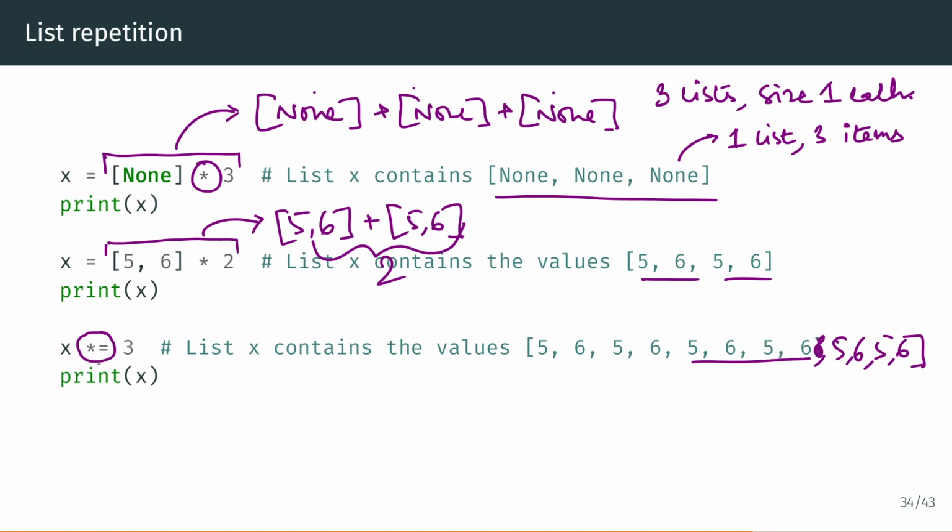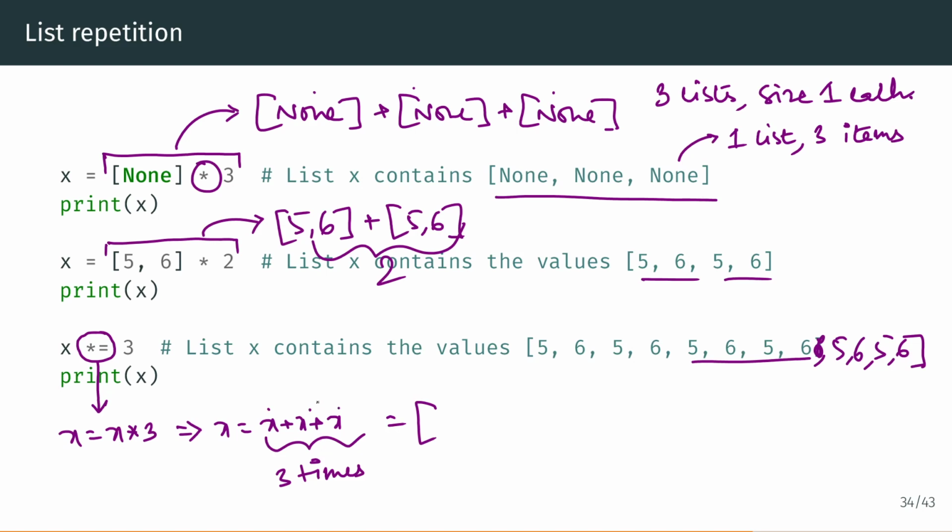When you say x times equals 3, what you essentially mean is x equals x times 3, which in turn evaluates to x equals x plus x plus x, which means 3 times x. Each x is concatenated with itself 3 times, and x, as we know, is 5 6 5 6. That is the value of x.